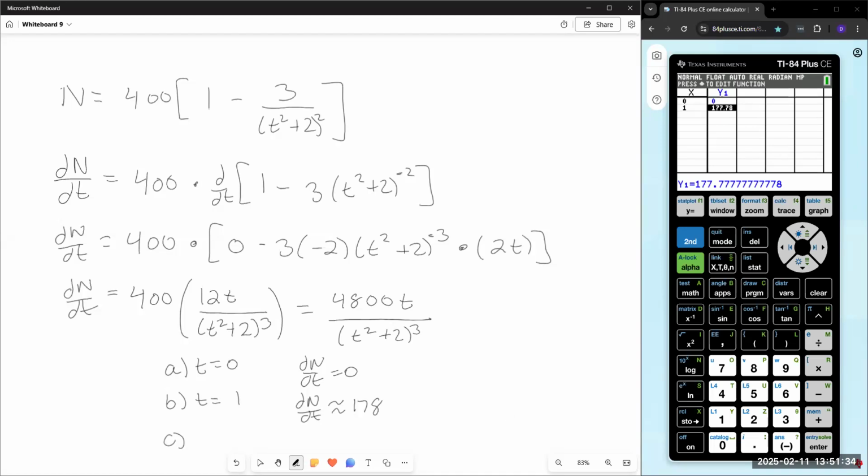C, when t equals 2, so I get 44.4. And then for D, t equals 3.